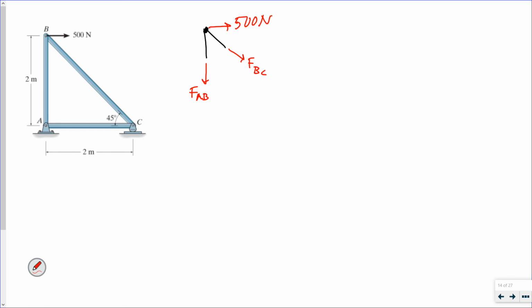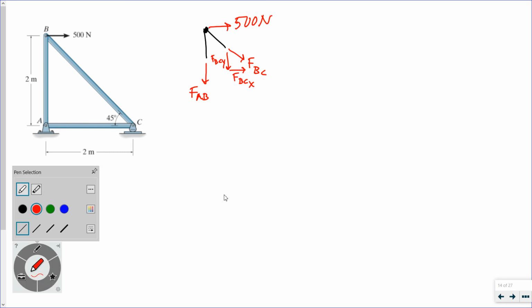I can change my force in BC to components. FBCY, FBCX. And let's solve for equilibrium, right?